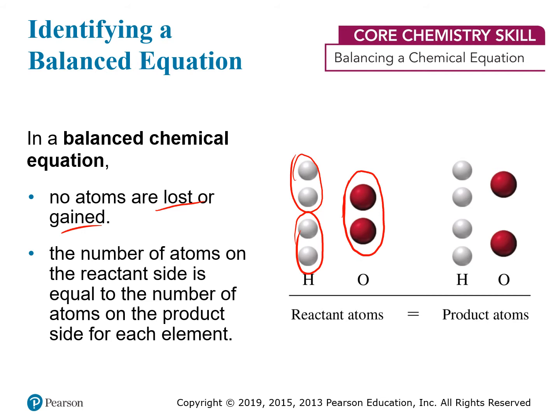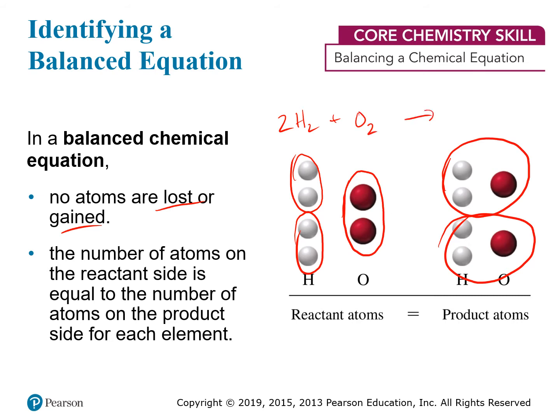If they react together, they can rearrange themselves so that each oxygen atom becomes connected to two hydrogen atoms. And so you end up with this. You started with two hydrogen molecules and an oxygen molecule, and you ended up with two water molecules, because an oxygen atom with two hydrogens stuck to it is a water molecule.